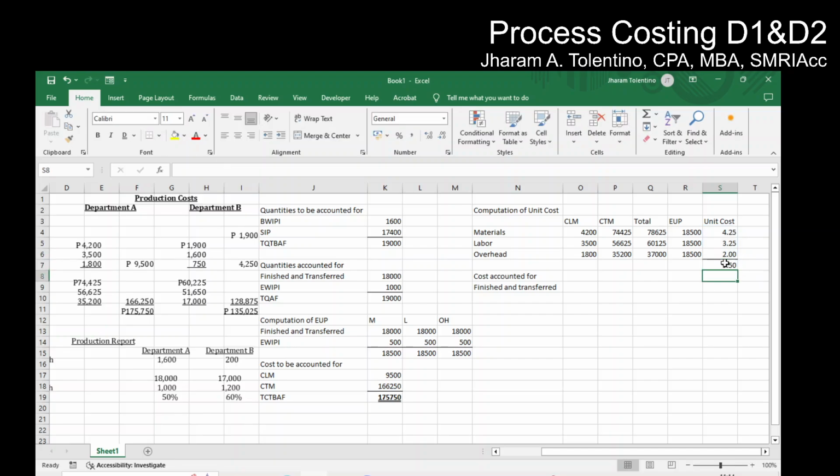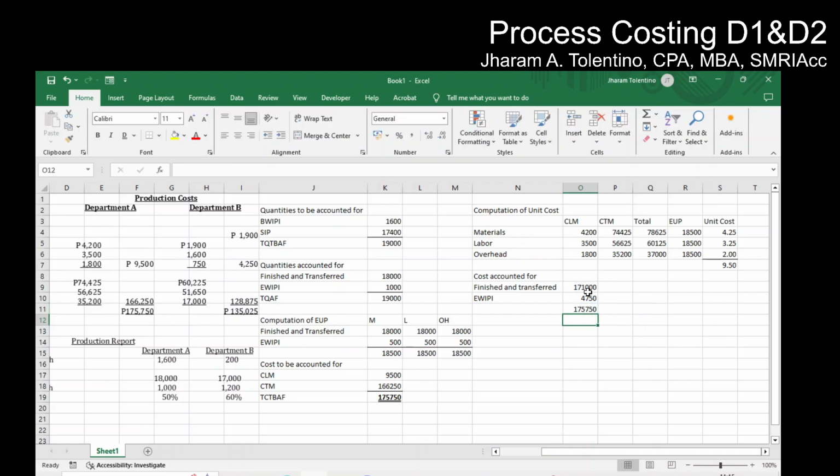Alt equal sign. So this is what I wanted you to do in 15 minutes. I don't know if you managed to do it in 15 minutes. This one is easy because we have 18,000 times 9.5. And the other one, our ending work in process inventory, is 500, right? Times 9.5. Let's get the total.